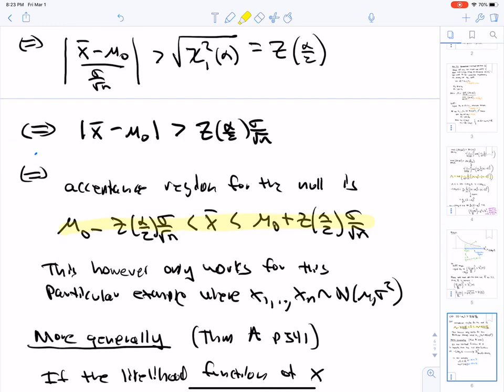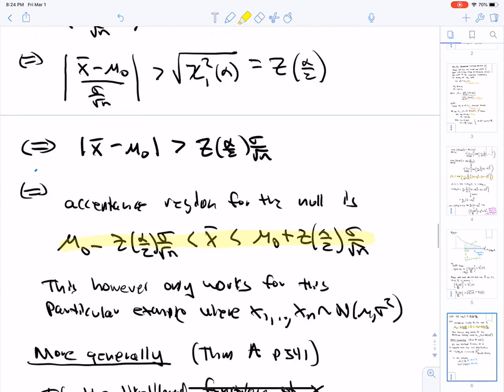Just know that the fact that x bar has a distribution we know works out nicely because it's x bar. For some other distribution, it wouldn't work as nicely.